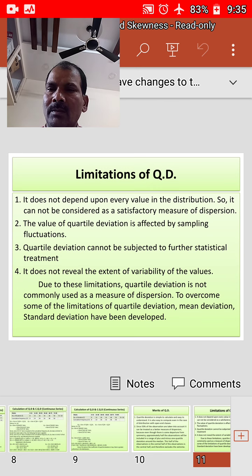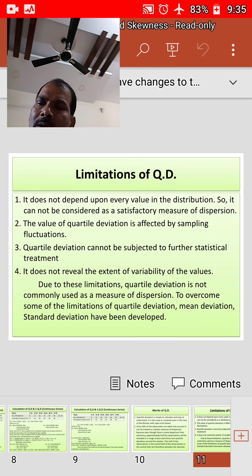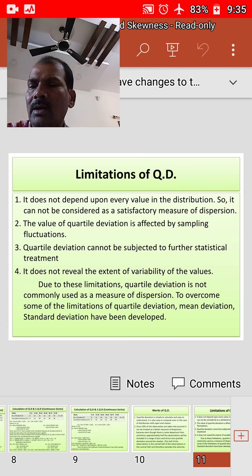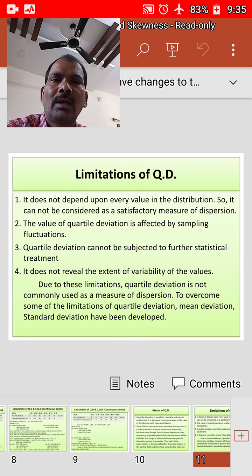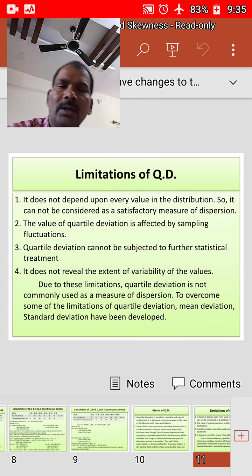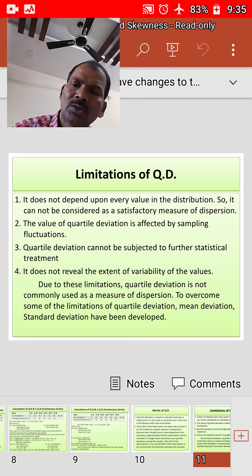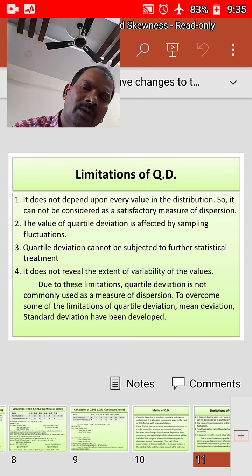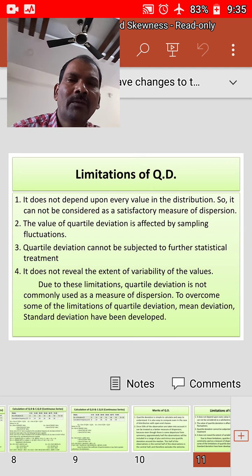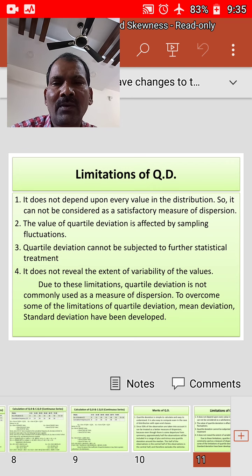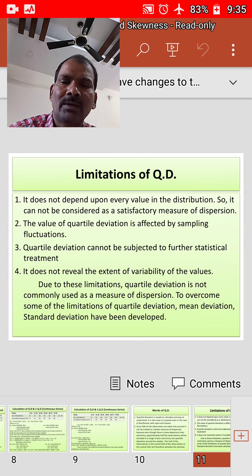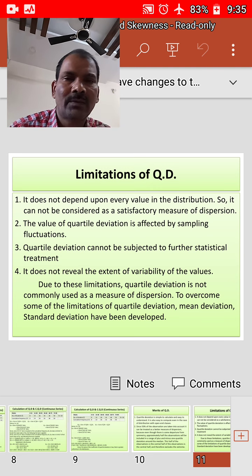Of course there are many advantages, but in spite of those we have some limitations in finding the quartile deviation. It does not depend upon every value of the distribution. If we consider every value of the distribution, certainly that will make valid inferences, but it is not so in case of quartile deviation, so it cannot be considered a satisfactory measure of dispersion.